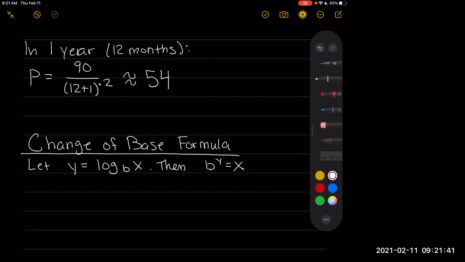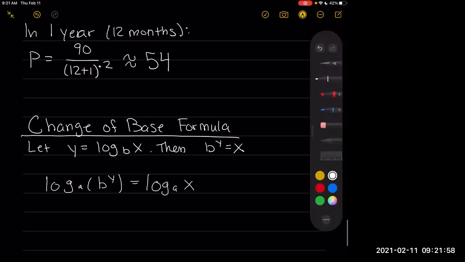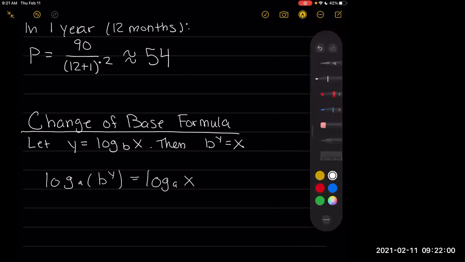If we take log base a of both sides, log base a of b to the y equaling log base a of x, this becomes y log a of b equaling log a of x.